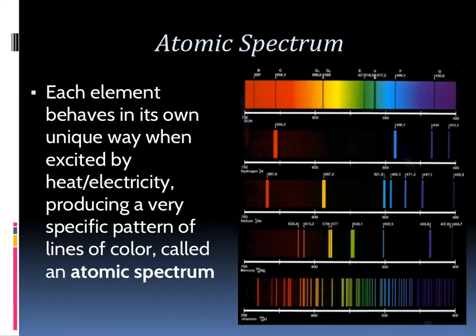What's really awesome about this is that this concept can be used for a lot of different things. Each element or each compound will give off its own emission spectra, or atomic spectrum. When the electrons get excited and then fall back down, they have a fingerprint to them with the color of light that they give off, because each atom has its own specific set of energy level distances and how its electrons go into excited state and ground state.